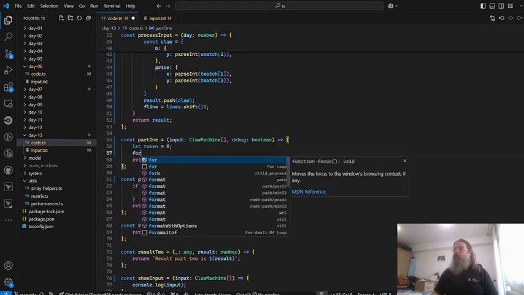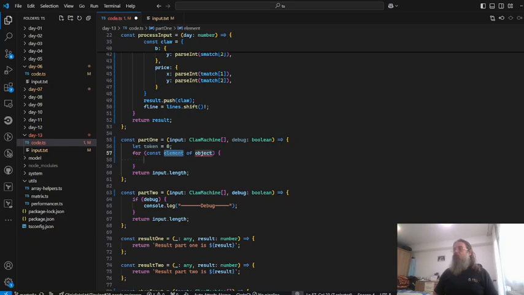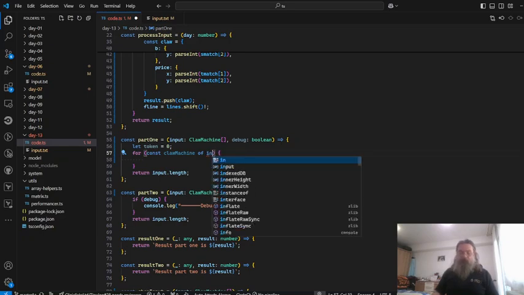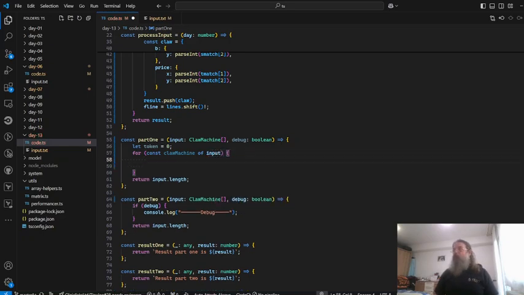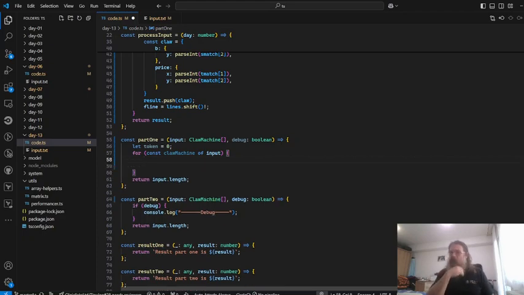Initially it's 0, and we're just going to loop through our claw machines. For each claw machine of the input, we're going to need to solve this. Oh, that's totally wrong. We're going to need to rewrite everything we did in Excel to actually do that.